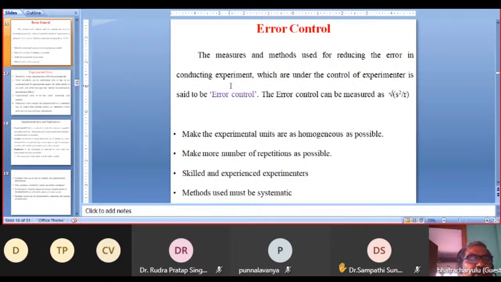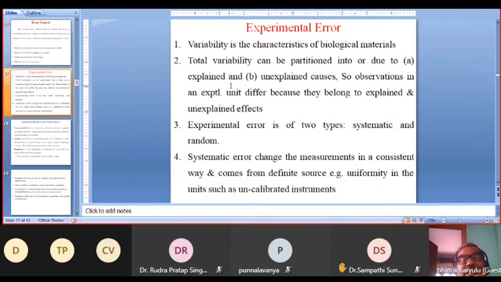Okay, now the experimental error: the variability in the characteristics of the biological materials. The total variability can be partitioned into explained and unexplained parts. The observations in the experimental units differ because they belong to explained and unexplained effects.